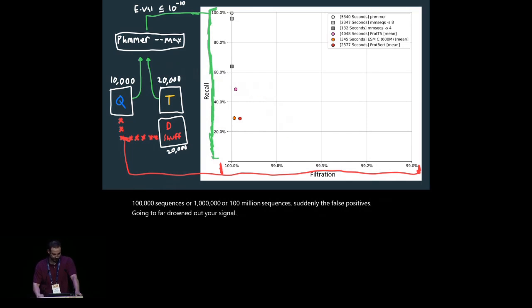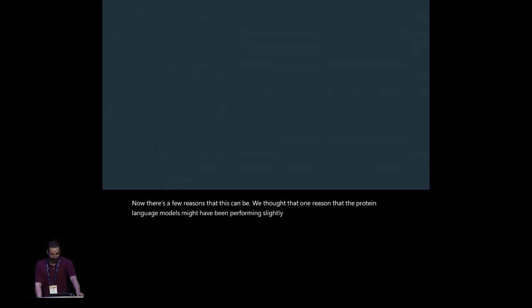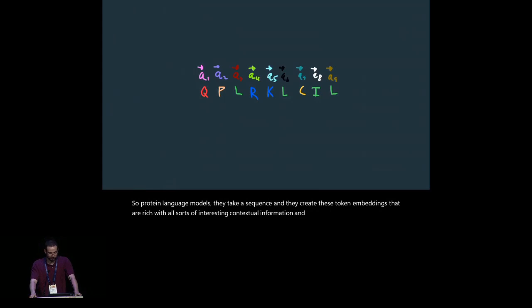Now, there's a few reasons that this can be. We thought that one reason that the protein language models might have been performing slightly poorly in this experiment is due to our usage of sequence representations. So protein language models take a sequence and create these token embeddings that are rich with all sorts of interesting contextual information and capture so much valuable information.